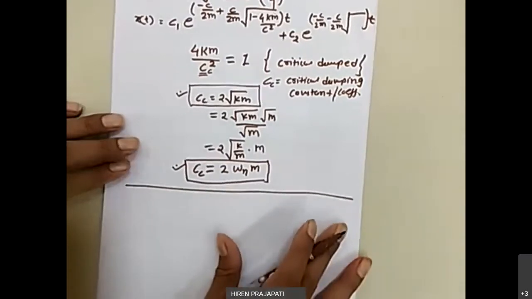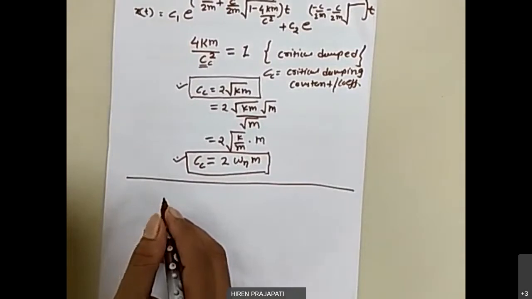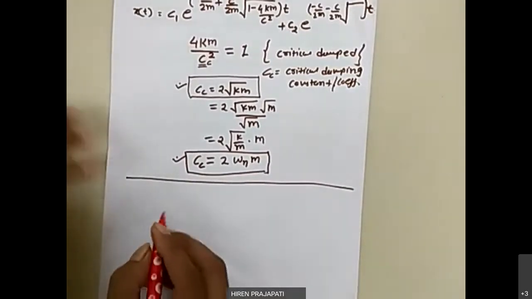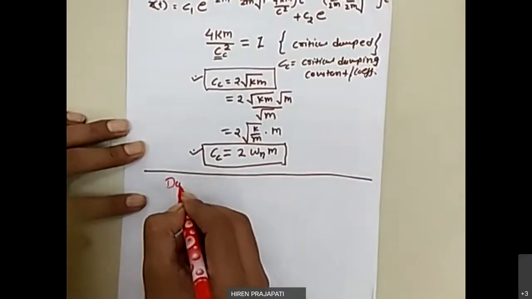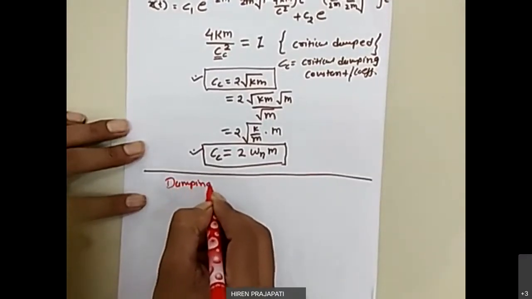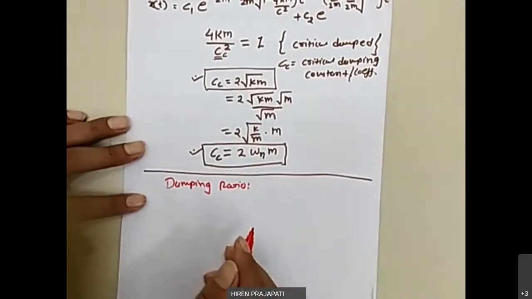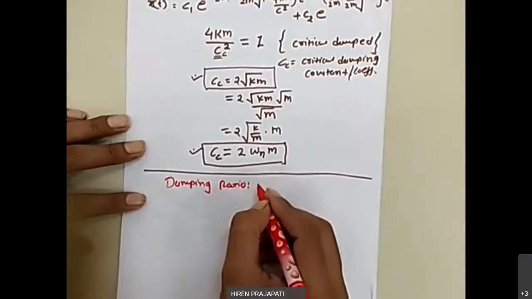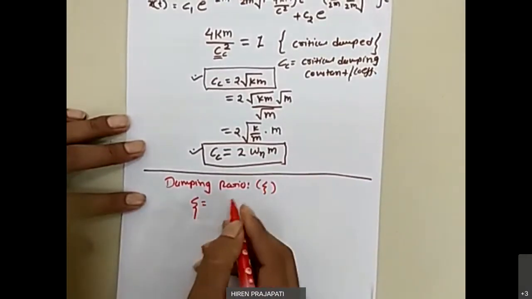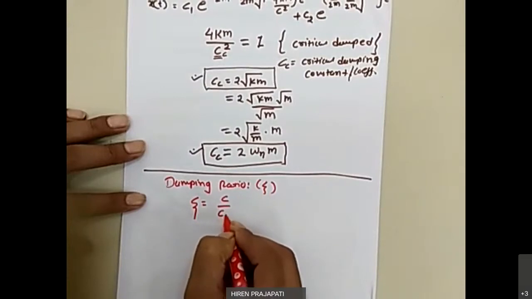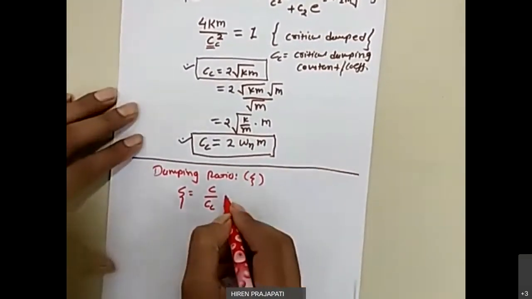So suppose the next term is damping ratio. Damping ratio is indicated by zeta. Then zeta is equal to C by Cc. This is what is called damping ratio. Now what is Cc?